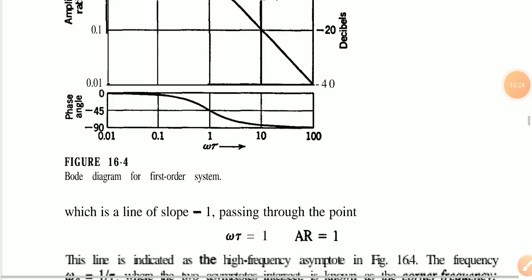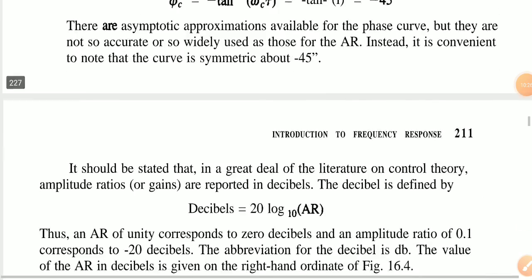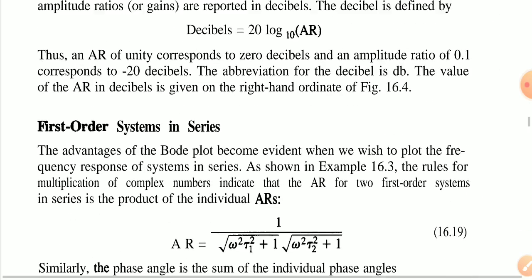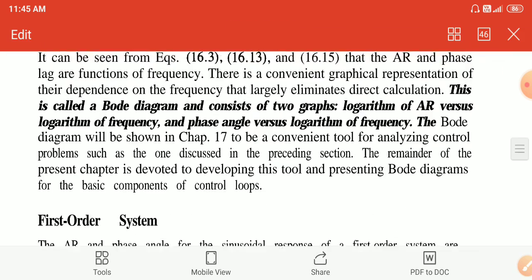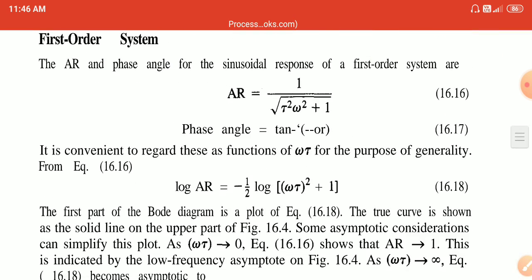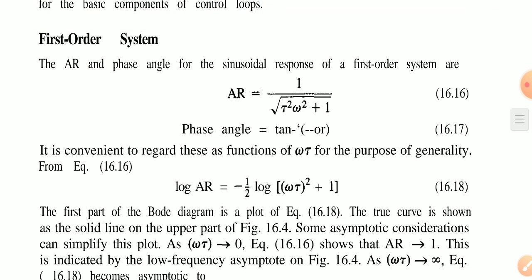The amplitude ratio and phase angle for the sinusoidal response of a first order system: the amplitude ratio is equal to 1 by under root of tau square omega square plus 1. The phase angle is equal to tan inverse.